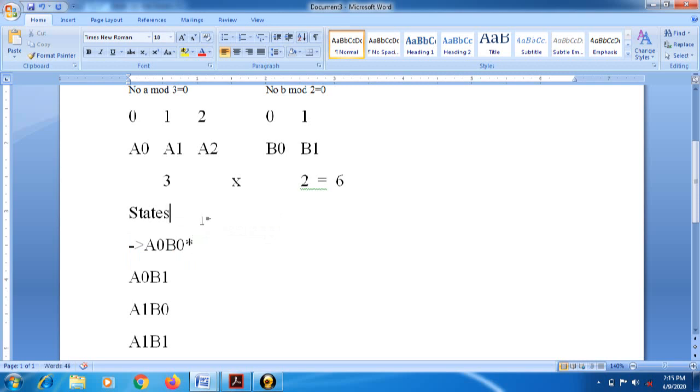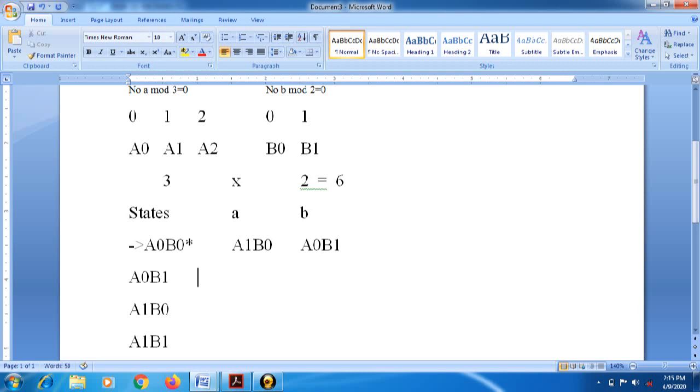So here possibilities are 2, that is either A will be there or B will be there. So there are two cases. Input symbol A is there, and B is there. Now A0 B0 with A moves towards A1 B0, and with B it moves towards A0 B1.